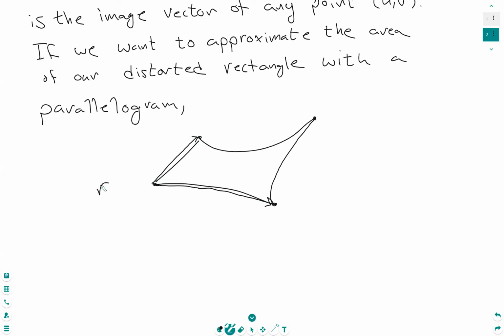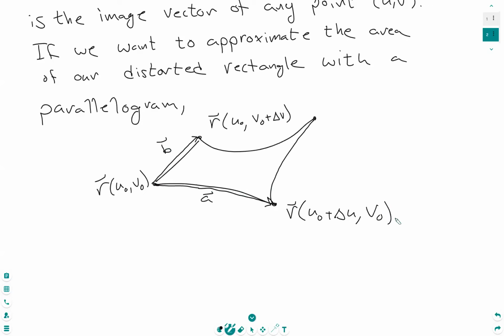This is r of u naught, v naught that points out to this thing here. And then I'll have some b vector and some a vector from there to get me the vector that points to this spot here, which is the vector r of u naught, v naught plus delta v, and r of u naught plus delta u, v naught.